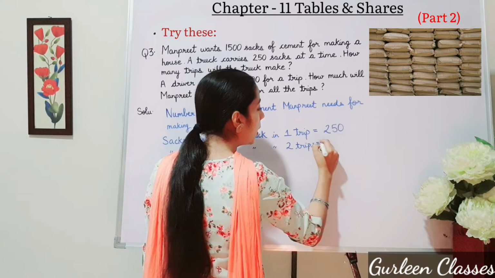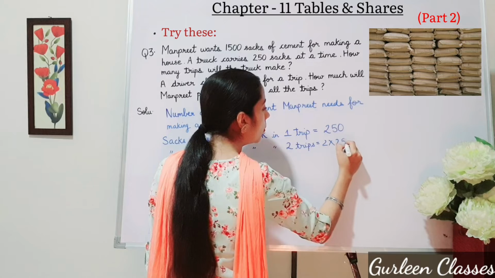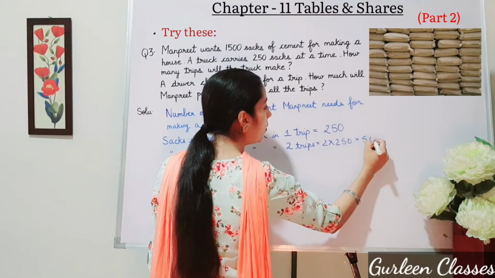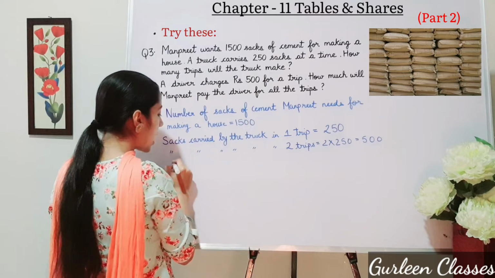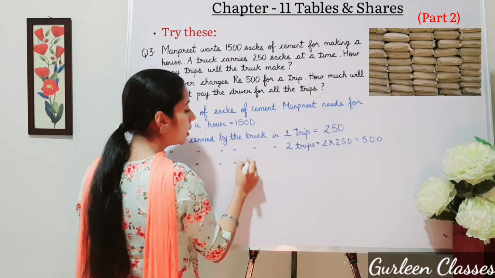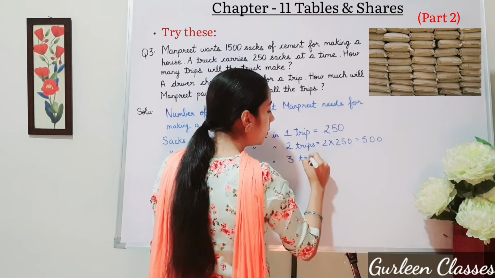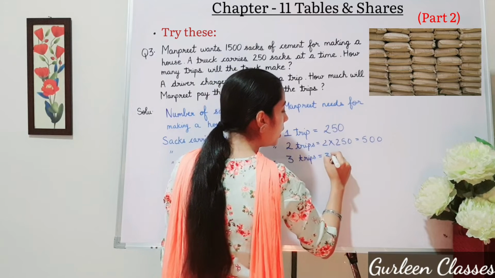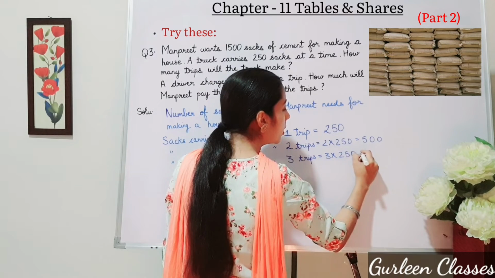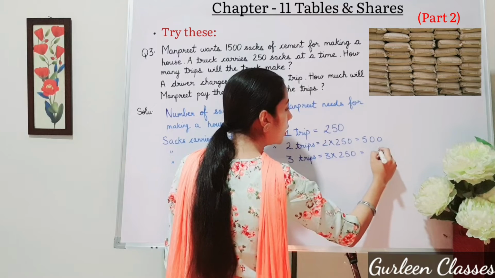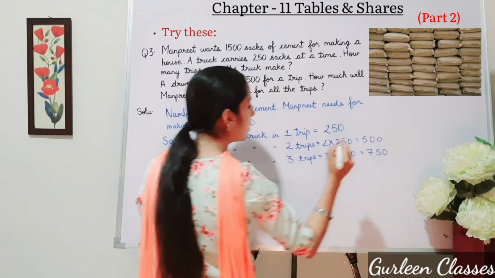So we will multiply 250 by 2. That is equal to 500. Then sacks carried by the truck in 3 trips. So here we will multiply 3 into 250. So it is 750.